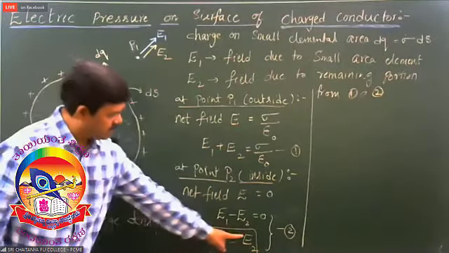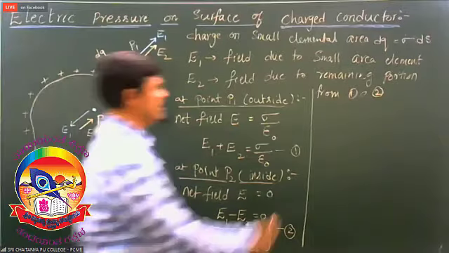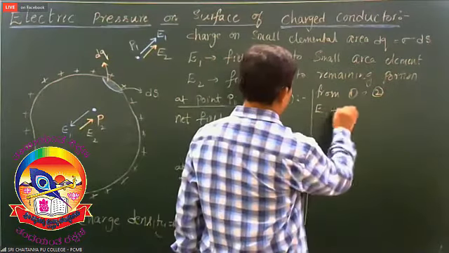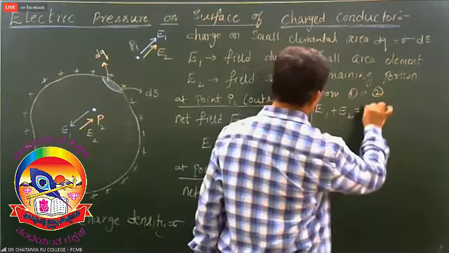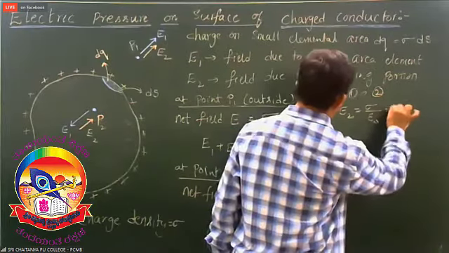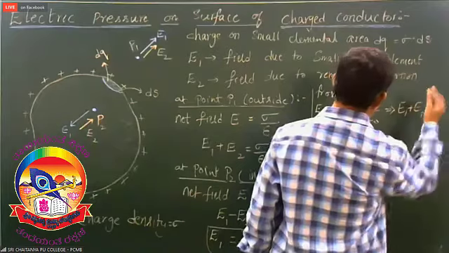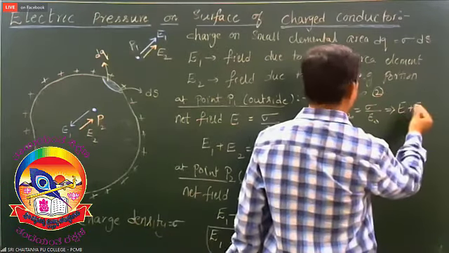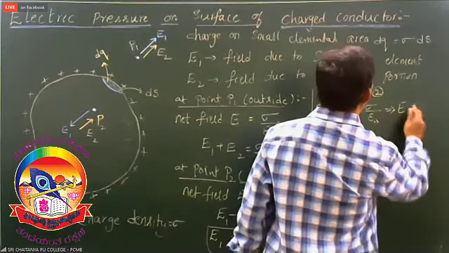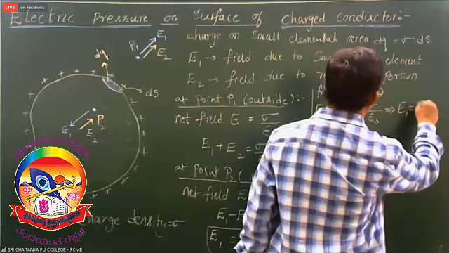Once E1 is equal to E2, E1 plus E2 is equal to sigma by epsilon naught.